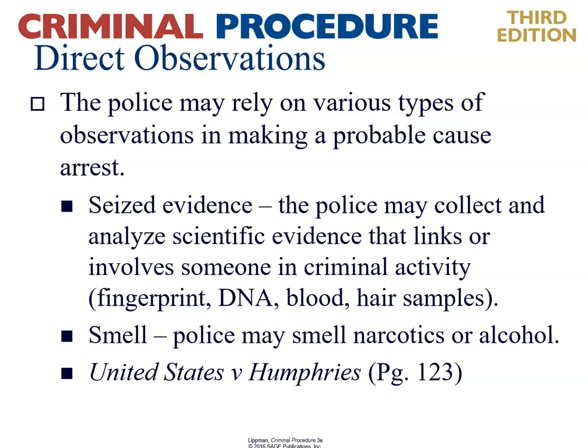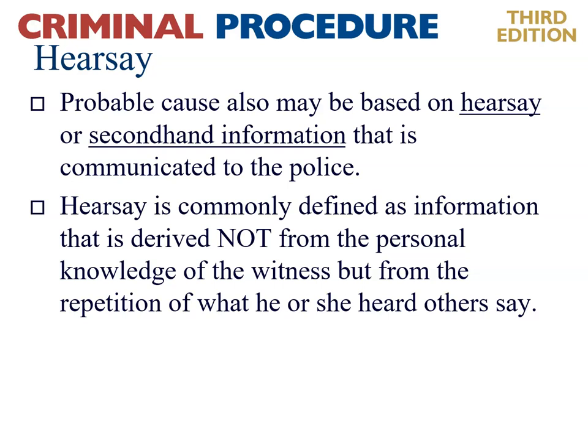And the case that goes along with that one would be United States versus Humphrey. The case is on page, I think, 123 in your textbook. In this case, the court illustrates how the police rely on various senses in developing probable cause to make an arrest. So that's the United States versus Humphrey case.